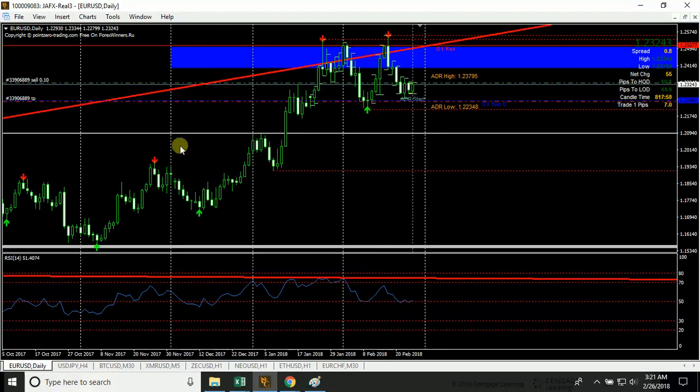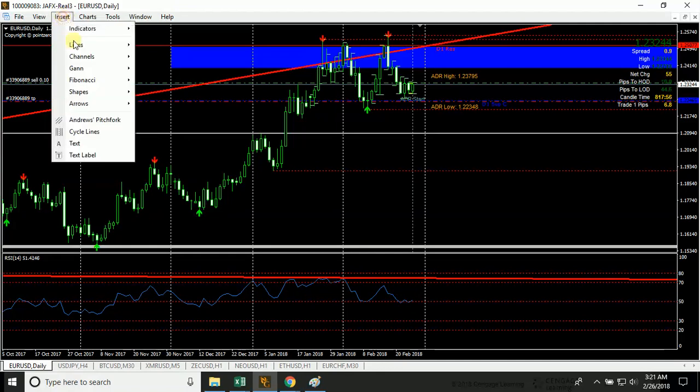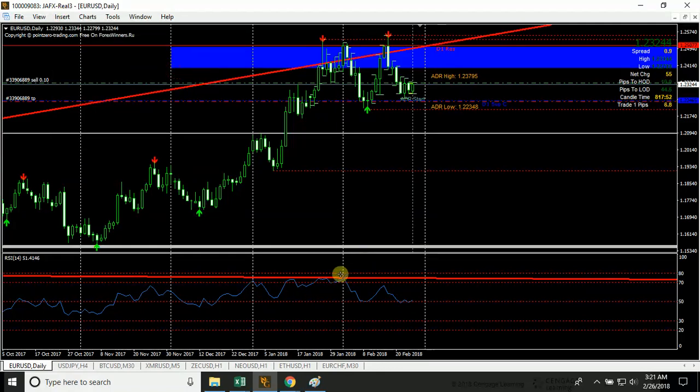But if you look here, the momentum dropped drastically. See that? Momentum here dropped drastically, but price pushed to the same high it was before.